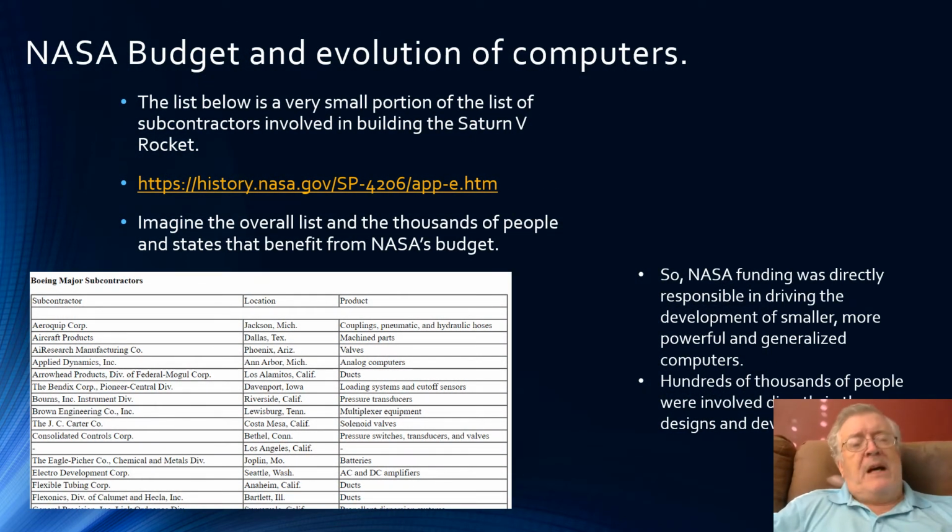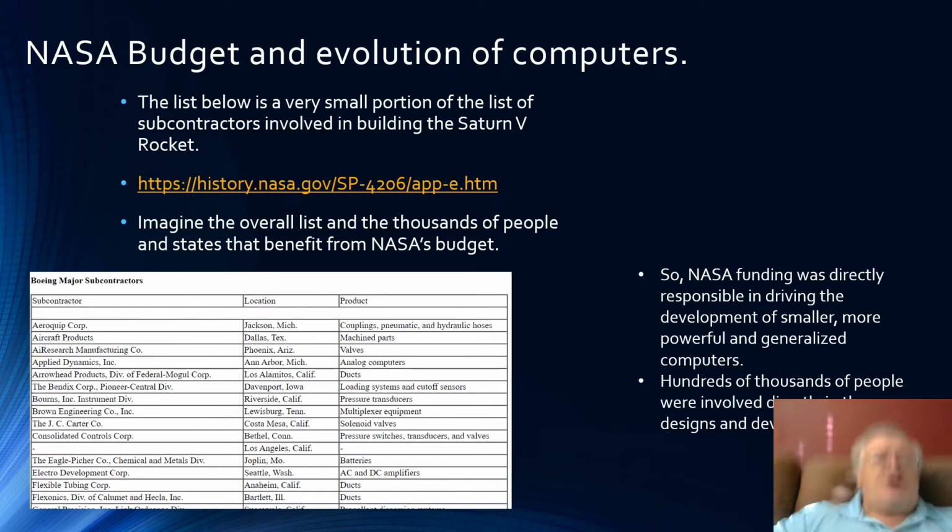The NASA budget and evolution of computers. This list I'm showing here at the bottom left is just a very small partial list of the companies that were involved in, and this is only the Saturn V rocket.